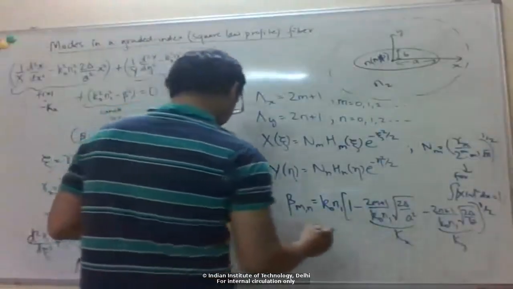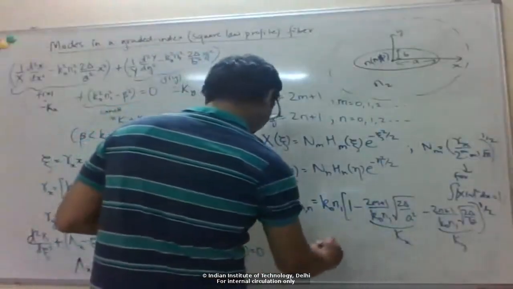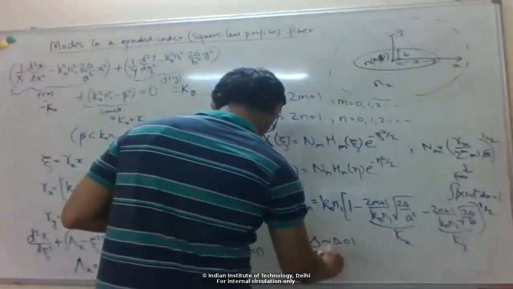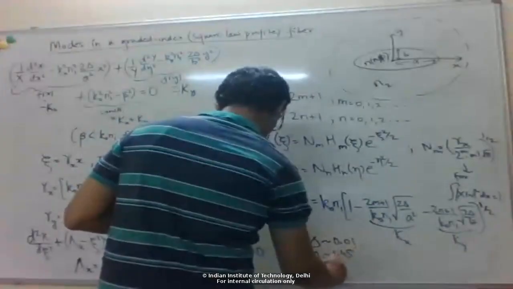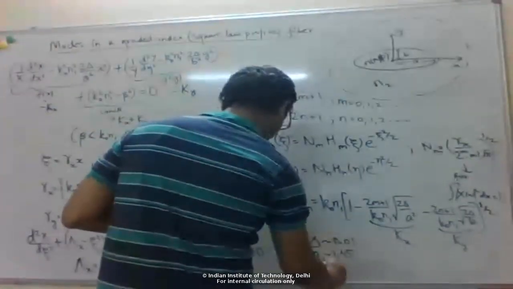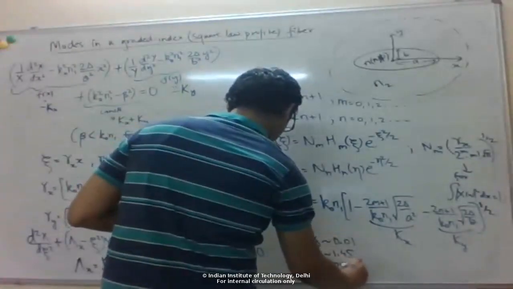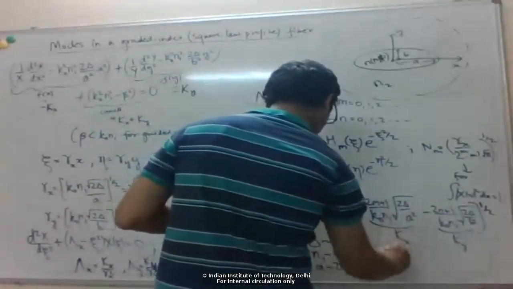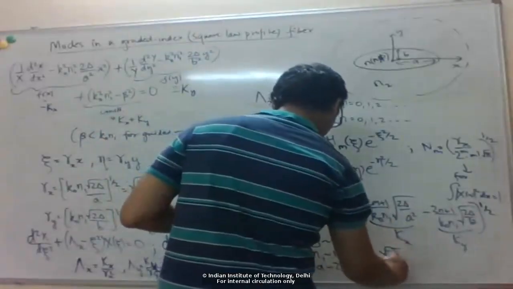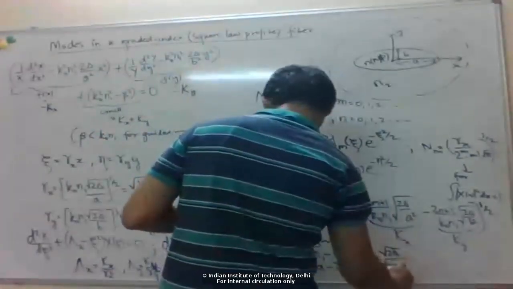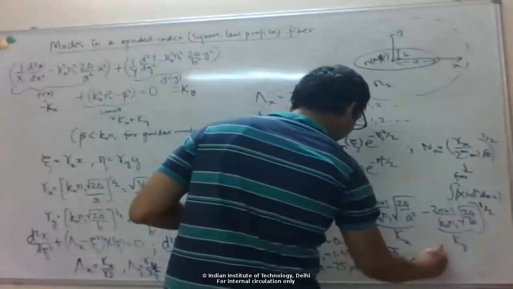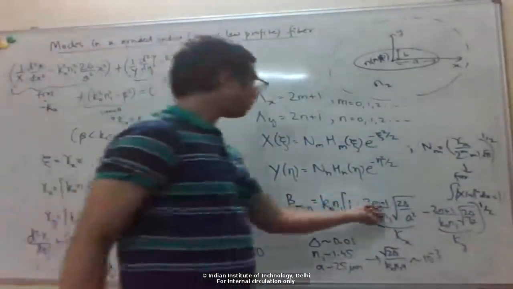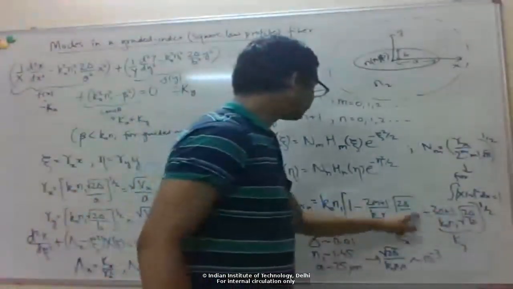So for example, if you take delta of 0.01, N1 to be 1.45, and core size, let's say 25 microns, then this value here, root 2 delta K0 N1 A, is about 10 to the minus 3. Right, so you can see for small values of M and N, this value will be very small compared to 1.